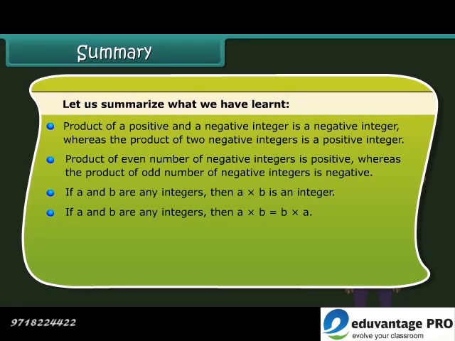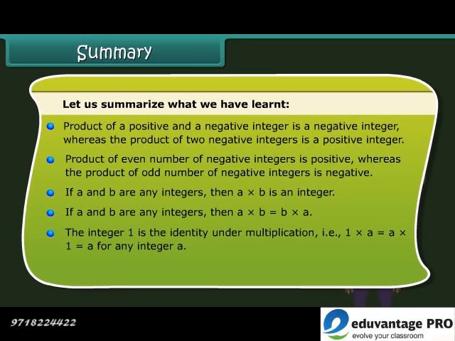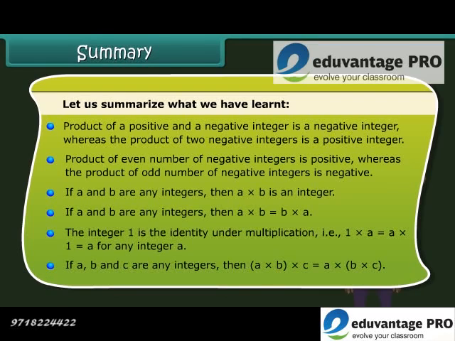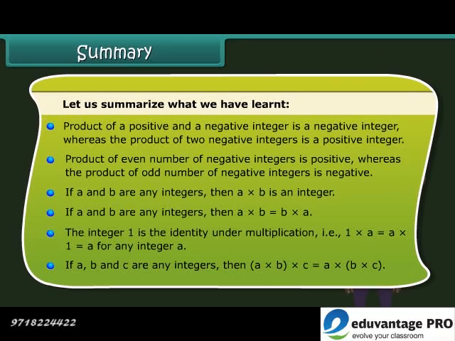If a and b are any integers, then a × b is equal to b × a. The integer 1 is the identity under multiplication, that is, 1 × a is equal to a × 1 for any integer a. If a, b and c are any integers, then (a × b) × c is equal to a × (b × c).